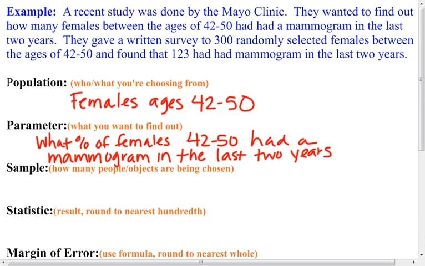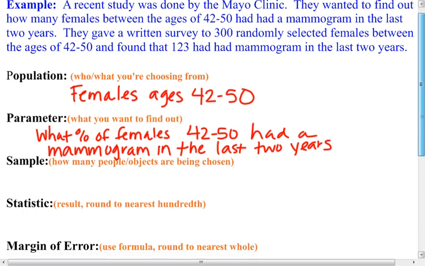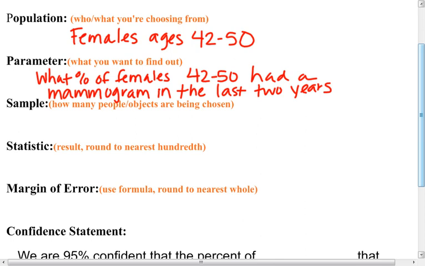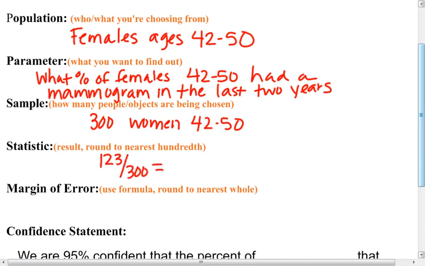The sample would be how many people participated in your study. What was the subgroup? How many people were in that? And there was 300 of them. And again, they were all women, ages 42 to 50. The statistic is the result, and in this case, 123 out of those 300 people, which if you figure that out, it comes out to be 41%.